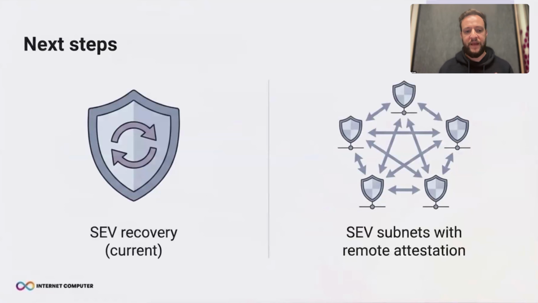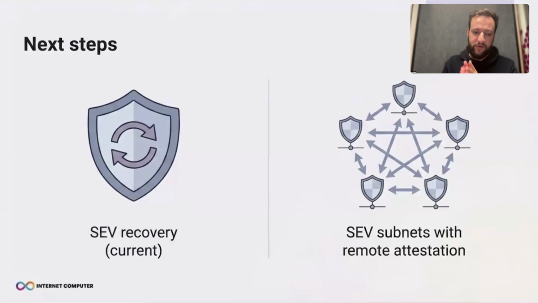And once we have a good way to recover SEV nodes, we will also start adding SEV subnets. These will be subnets which contain only SEV-enabled nodes. And in addition, they will also ensure that all the nodes that they talk to in the same subnet are verified upon connection.